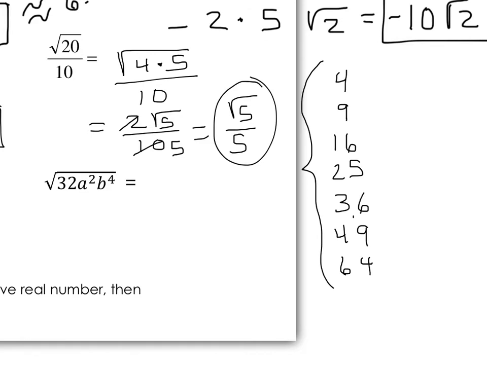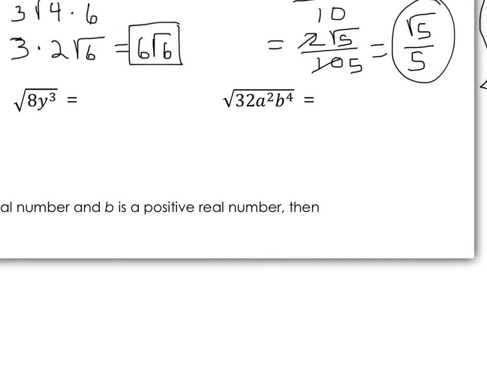You cannot cancel these 5's because one is under the radical, one is not. They can only cancel if they are both under the radical or they are both outside of the radical. When one is in the radical and one is outside of the radical, they're different. You cannot cancel them.